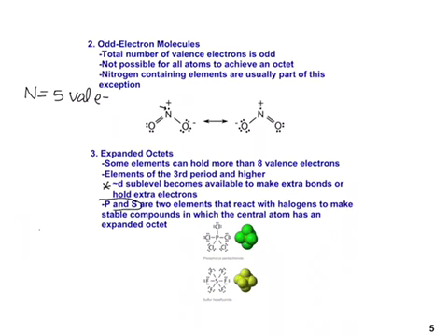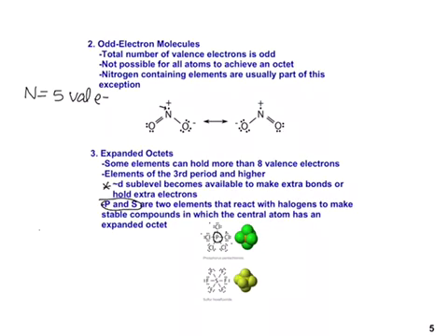Again, you'll want to memorize that phosphorus and sulfur are 2 elements that can react with halogens to make stable compounds in which the central atom has an expanded octet. Many times when we deal with expanded octets, you'll see the element that can expand its octet in the middle, and then the other elements will circle around it.